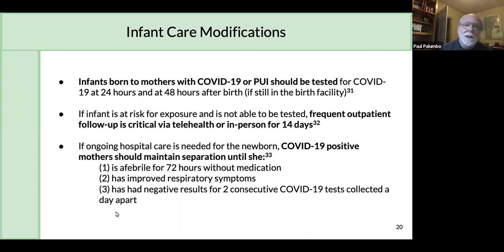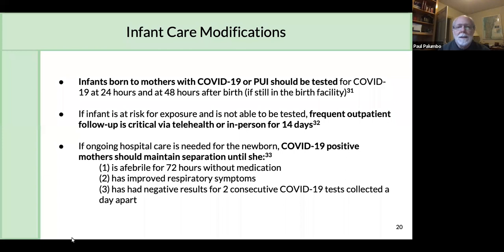We also have been recommending testing infants born to mothers with COVID-19 or suspected of COVID-19. We test them at about 24 hours of age, and we often will recommend repeat testing at 48 hours after birth.